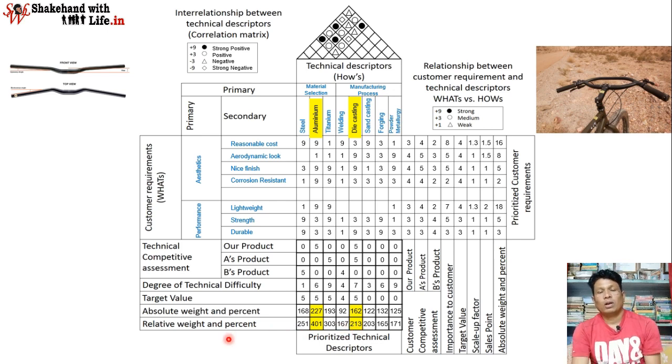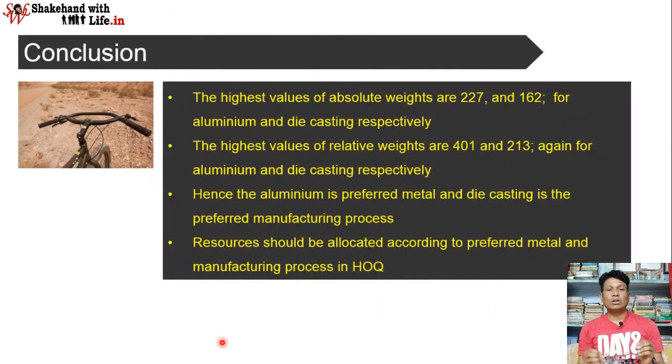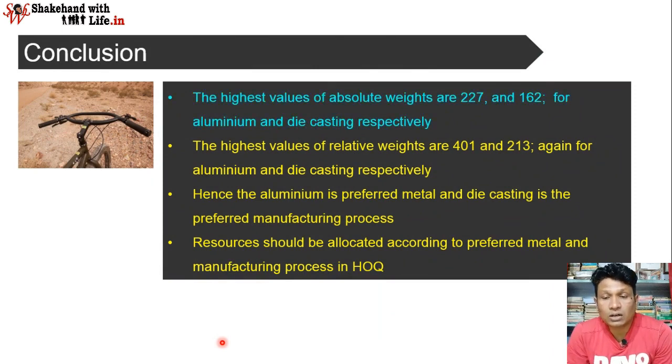So this is the importance of house of quality, to prioritize the technical descriptors. The conclusion is that the highest values of absolute weights are 227 and 162 for aluminum and die casting respectively.